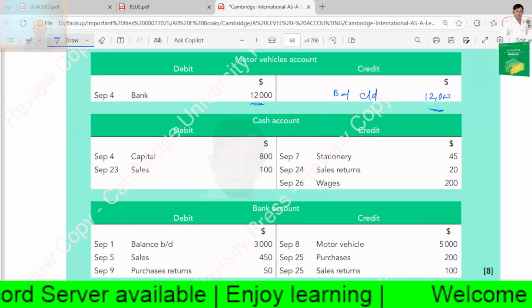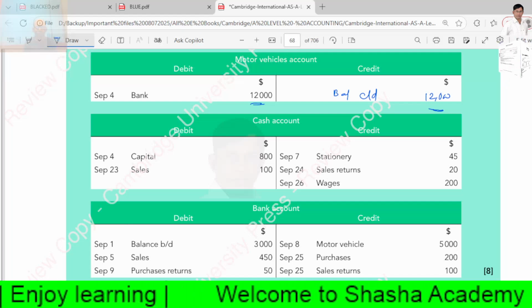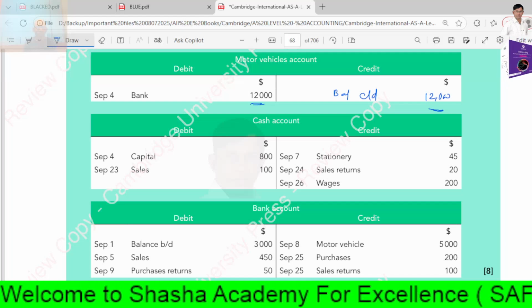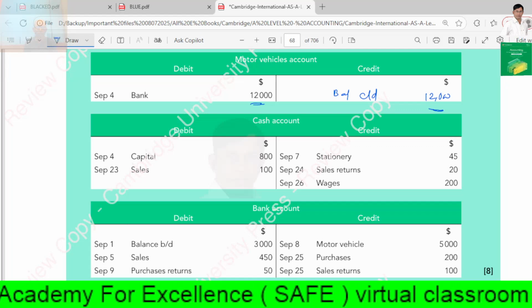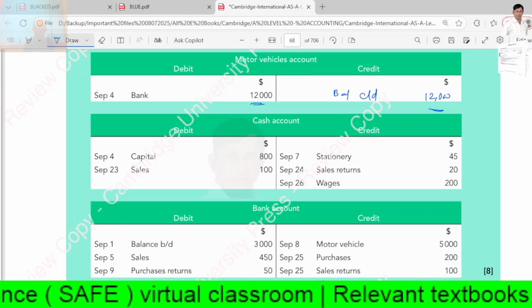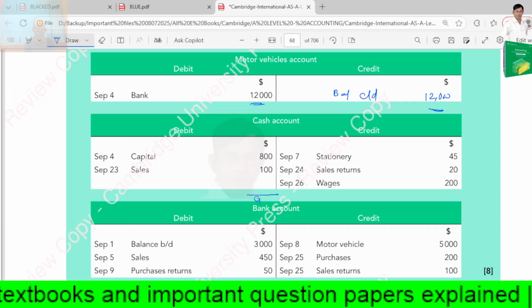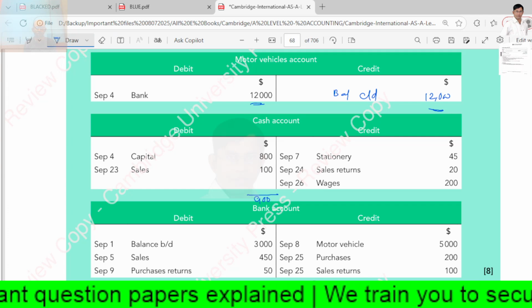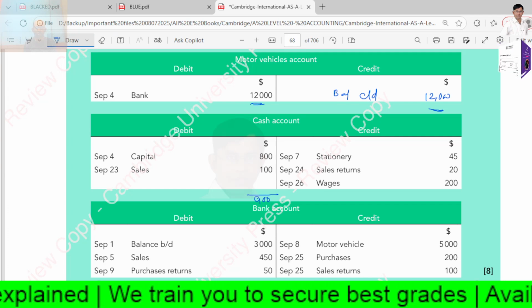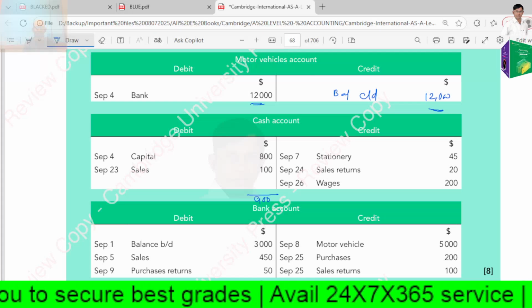Cash account. Normally it will have a debit balance. Debit balance means the debit side will be heavier. So 800 plus 100 is 900. This side it is 220 plus 45, which is 265.